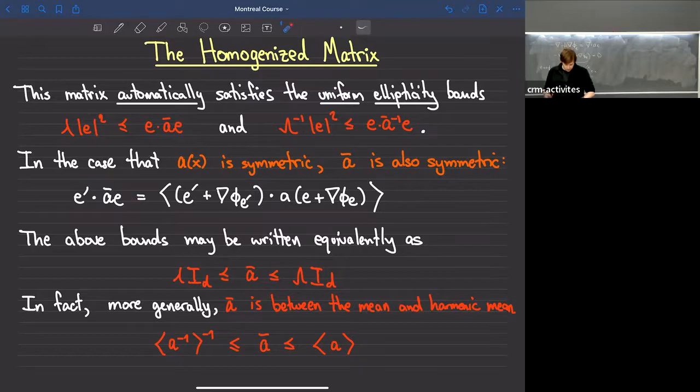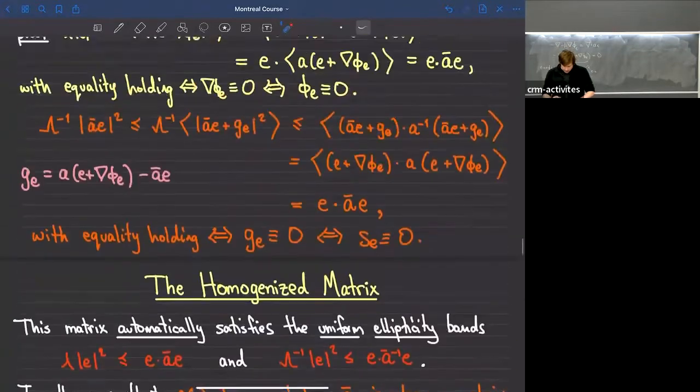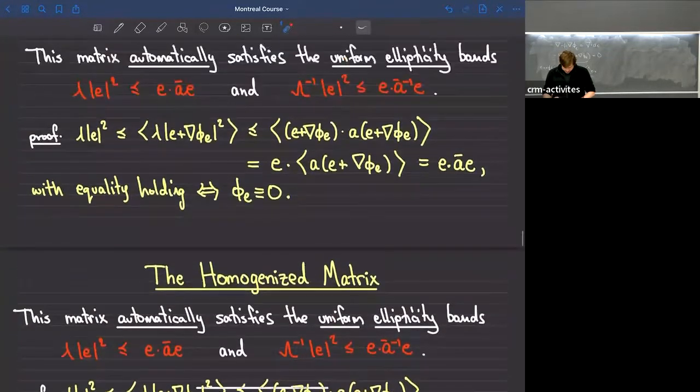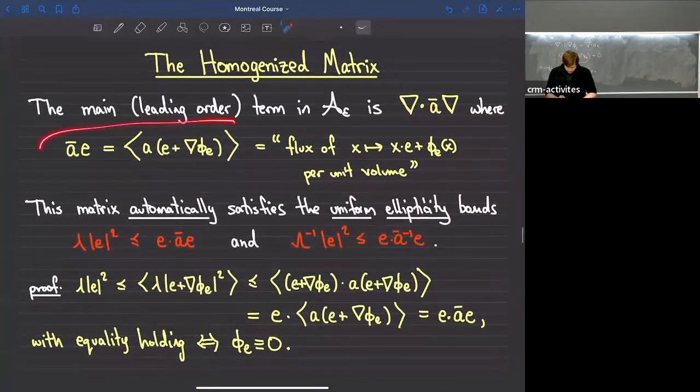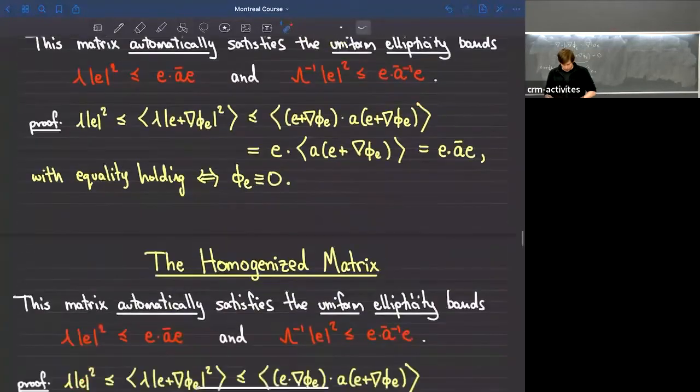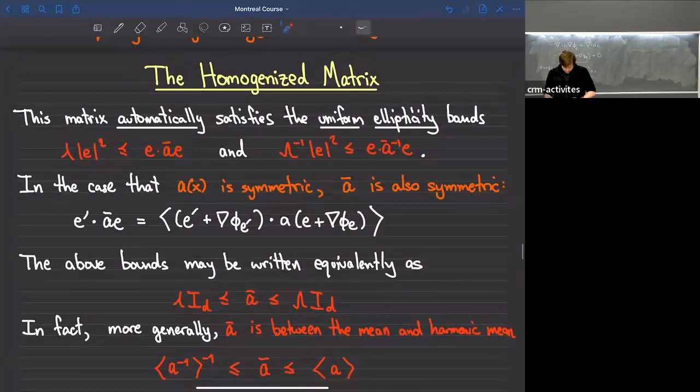So that shows you that A bar is symmetric, because A bar doesn't look like it's symmetric even if A is symmetric, because we have this formula here, and it's not obvious that this is symmetric, because this parameter E contracts with the A in a kind of weird way, but it turns out to be. So if A is symmetric, like we have in a conductance model, then the effective conductivity of the homogenized material will also look like a conductivity.